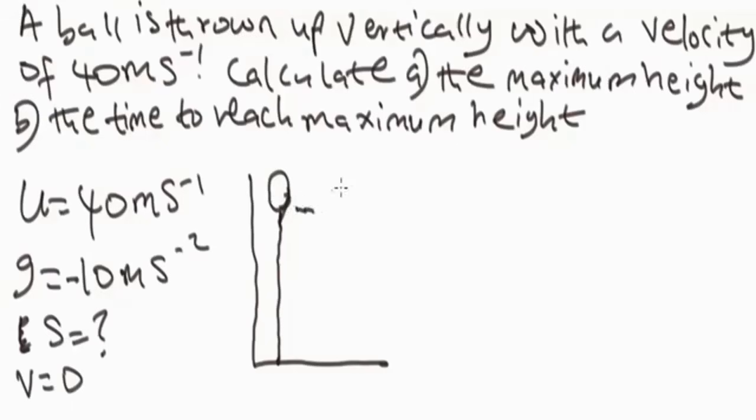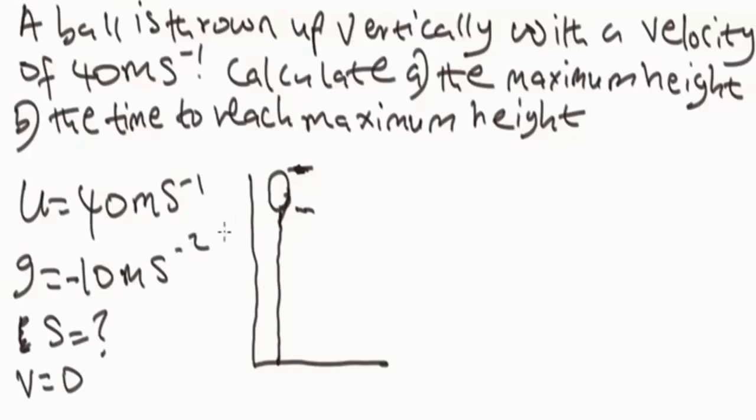Let's assume this is the maximum height the ball reached when you threw it up. This is the maximum height and the final velocity here is 0, because the ball will get to this point before it starts falling back again, before it starts responding to gravity. It was going against gravity, so it reached this point before it began to fall back. So v will be 0.